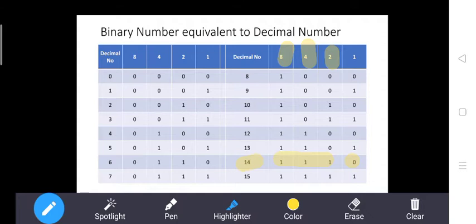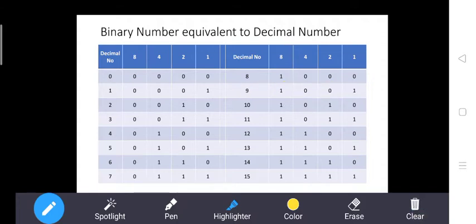Okay, I take another example. Consider 9. To get 9, I need to add 8 and 1. So my 8 and 1 positions are marked with 1. The remaining positions are marked with 0. So my correct binary number is 1001.